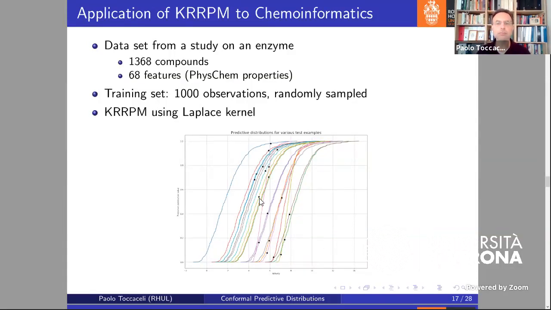And you can see the shape of the CDF, or rather the predictive distribution, for the specific compound. You can see that the various conformal predictive distributions have different slopes, which indicates that we can predict with different uncertainty the activity for different compounds.